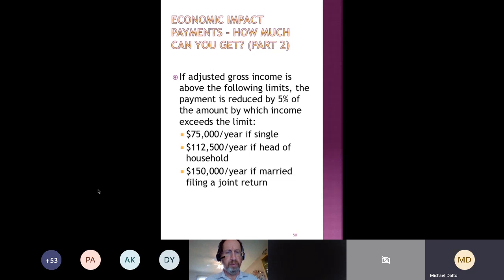Well, that would be $10,000 more than the $75,000 limit, and that means their payment would be reduced by 5% of that extra $10,000. That means 5% of $10,000 is $500. So instead of that person getting $1,200, their payment would be reduced by $500, and they'd only get $700.